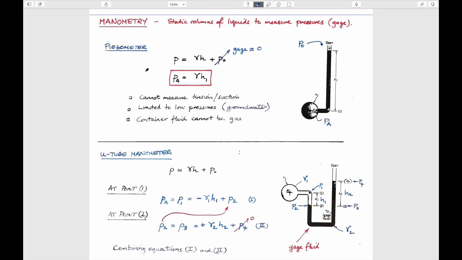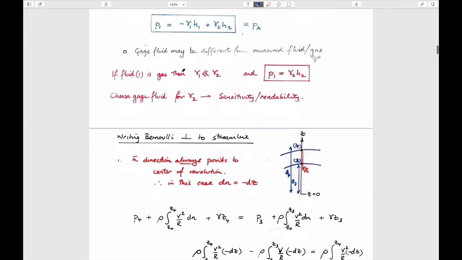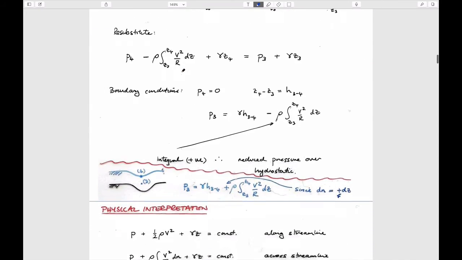So manometry, I didn't mention manometry, but certainly you can use Bernoulli to get manometry, right? If you have a static fluid and you wrote Bernoulli between a location here and a location here as 1 and 2, and the velocities are 0, you'd find out that you got exactly this expression. And so that's old school for you because you've done that.